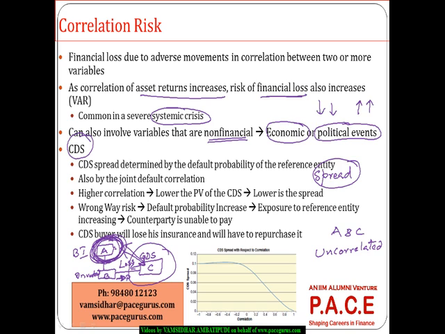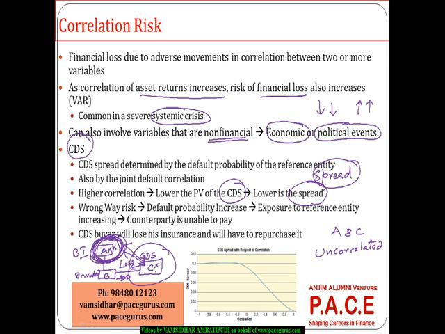Because if these two are heavily positively correlated, if this is going to default, there is a good chance that even this will default. I will not get my protection. So the present value of the CDS is going to go lower, which means the spread is much lower.